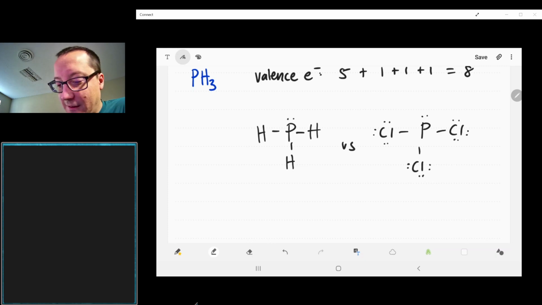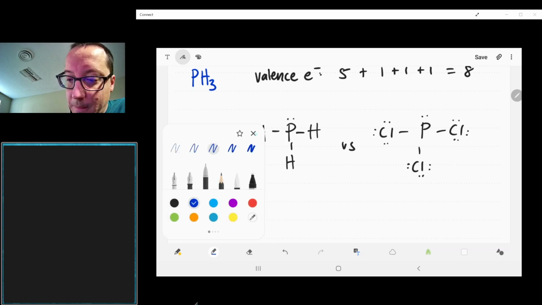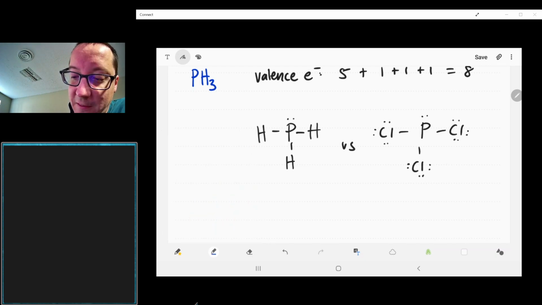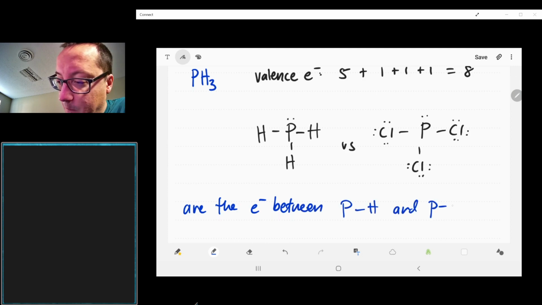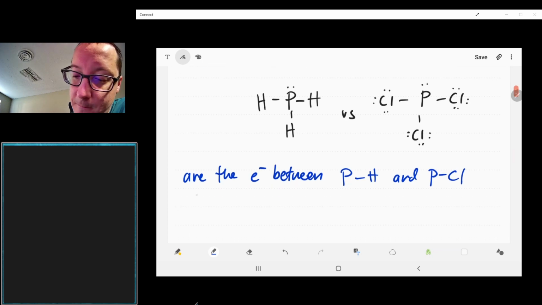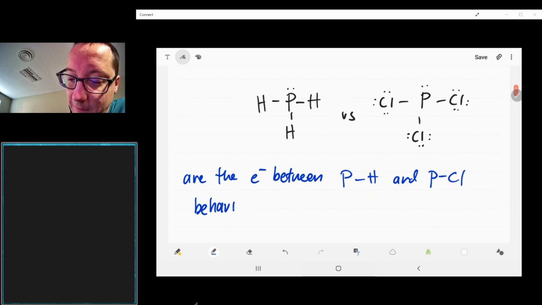Let's investigate the question: do the electrons in these behave similarly? Let's see, how did I write this? Okay, so I'm going to write behaving.